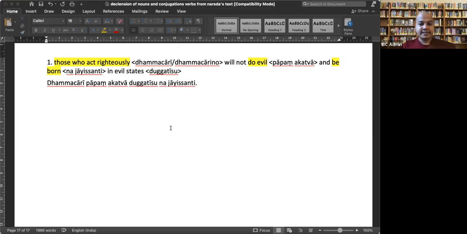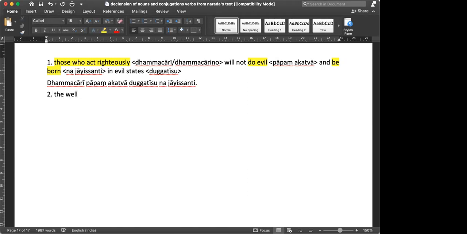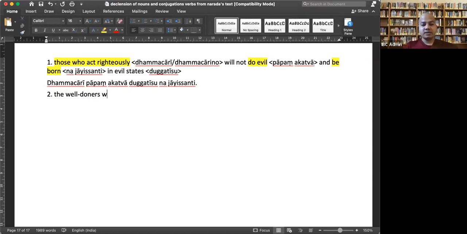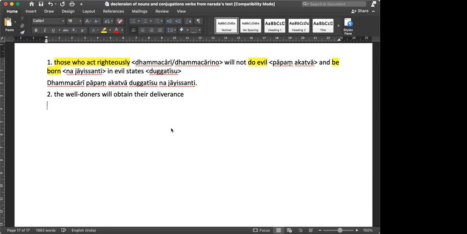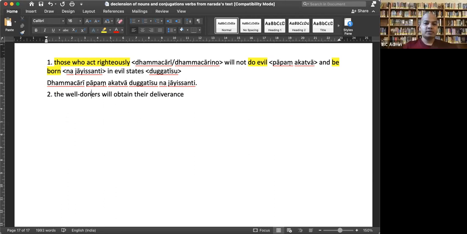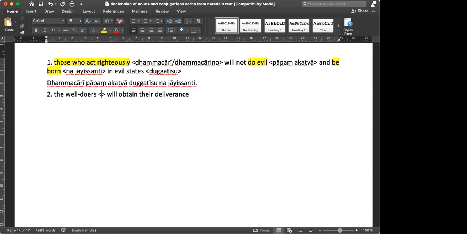The next sentence is relatively simpler and easier. The well-doers will obtain their deliverance. So the subject is the well-doer.